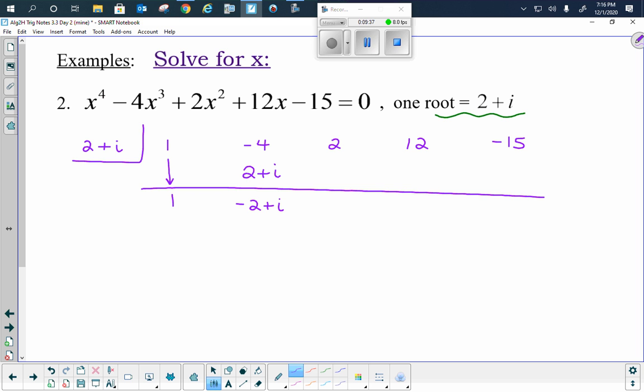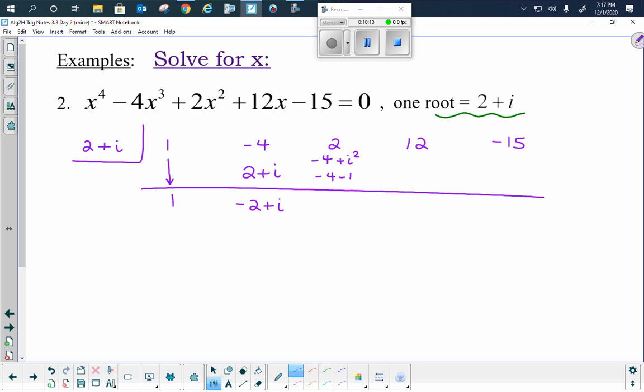Ooh, 2 plus i times negative 2 plus i. You've got to put parentheses around those, and think about distributing. So 2 times negative 2, I'm just going to do a little work up here. I'm just going to give myself a little bit of room. Is negative 4. The 2i and the negative 2i on the outside are going to cancel, and the i times the i is going to be plus i squared. All right, so what am I really getting? Really looking at negative 4 minus 1.